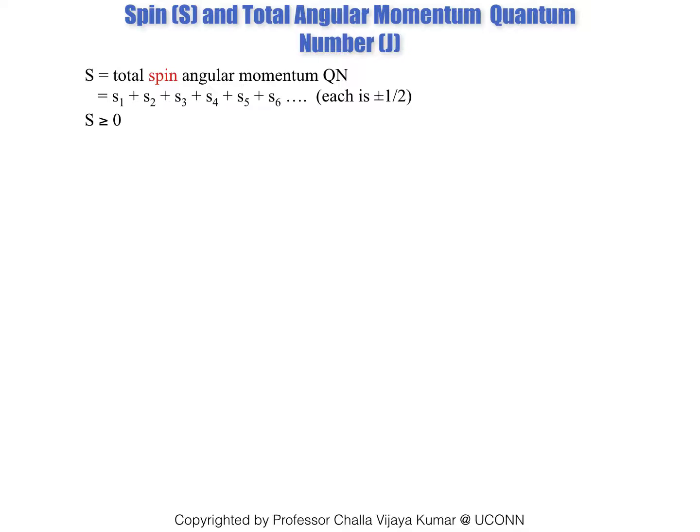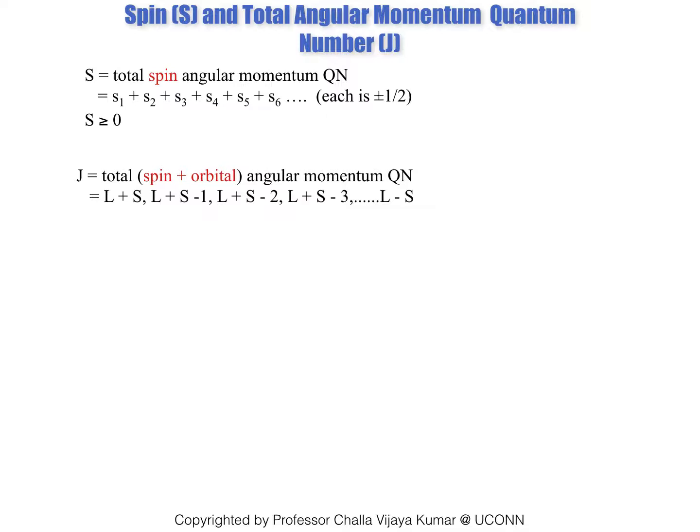Then we have the total, spin plus orbital angular momentum quantum number, J. As in the one-electron case, we can have the sum of the spin plus orbital angular momentum, and the quantum number corresponding to that angular momentum is J. J is written in terms of the various L and S values: L plus S, L plus S minus 1, L plus S minus 2, and so on, down to L minus S. Once we figure out what L is and what S is, then we can write the J values.